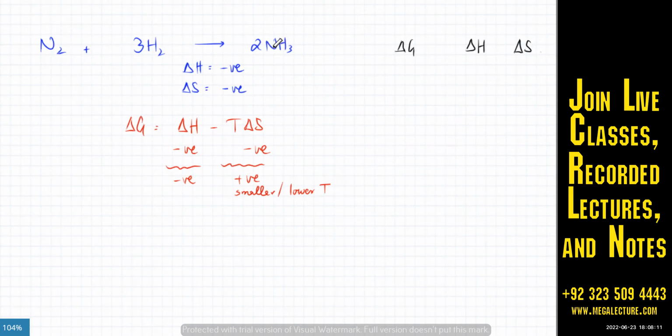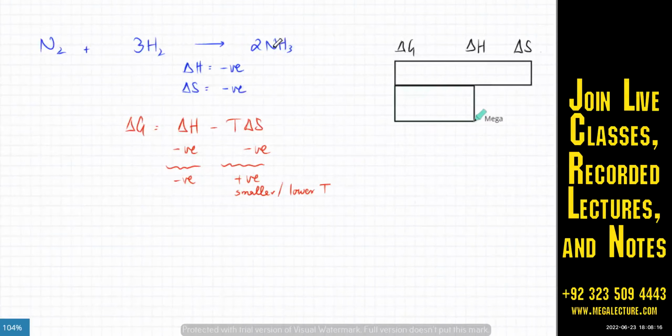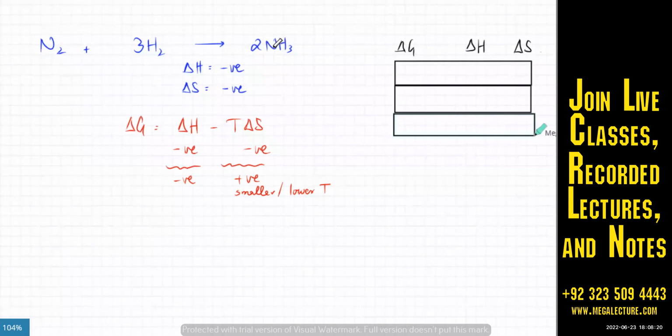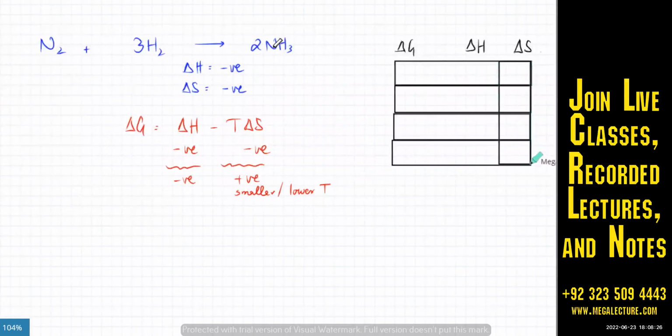There are going to be 4 combinations. Okay, so I've got these. I'm going to put in 4 values.